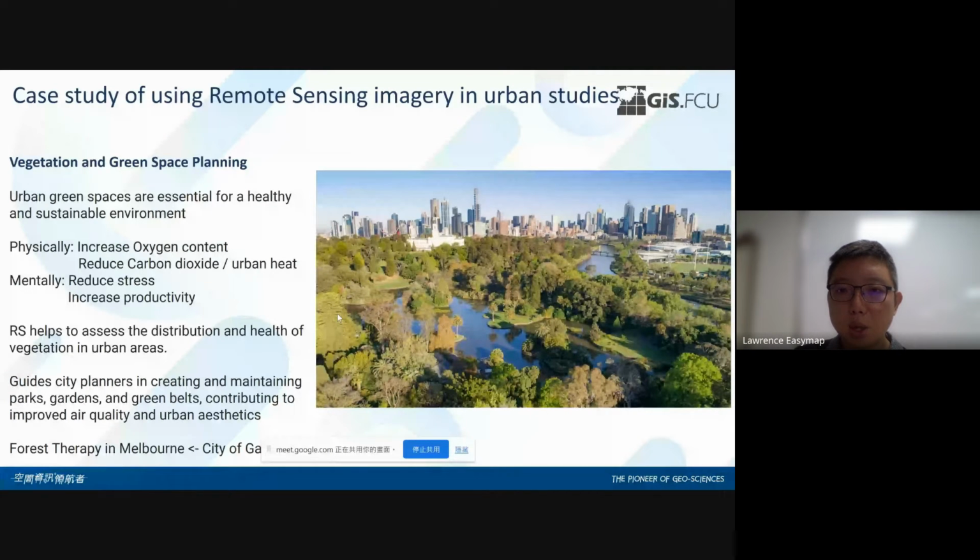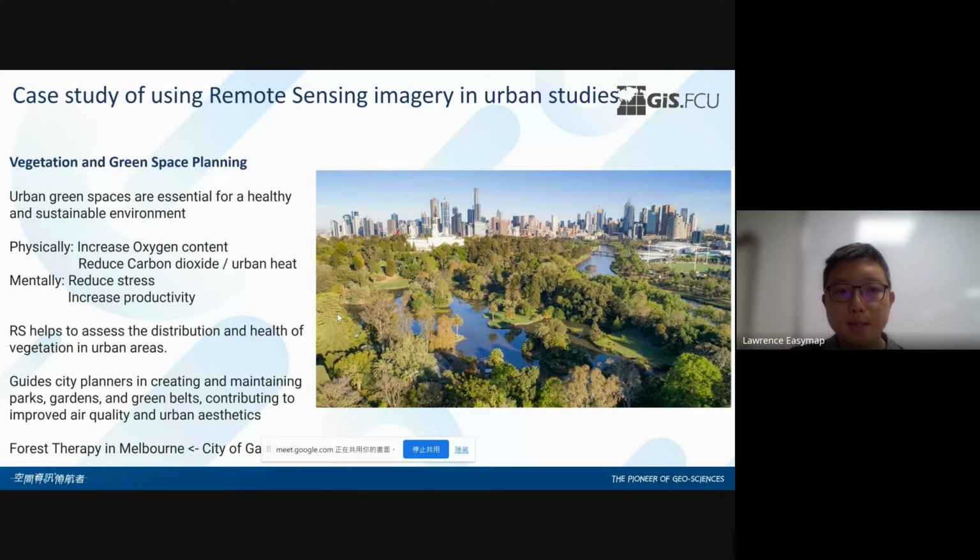In terms of mental health, it is a very good idea to look at more green objects and get close to mother nature, and it can reduce stress. Eventually it will improve our daily productivity.